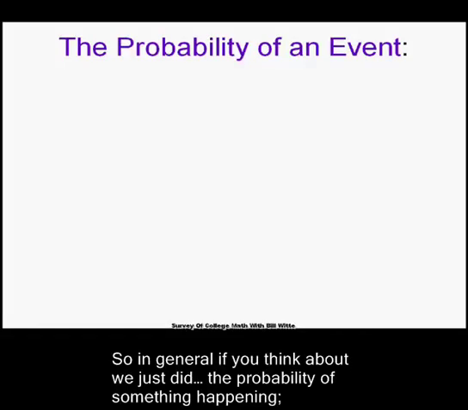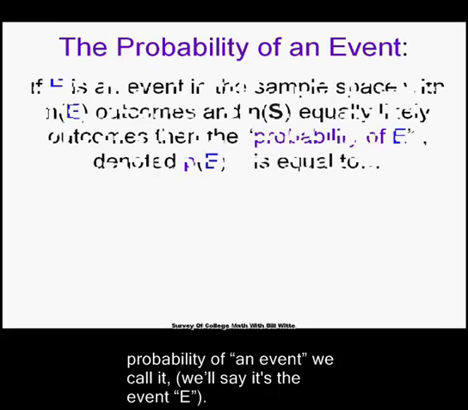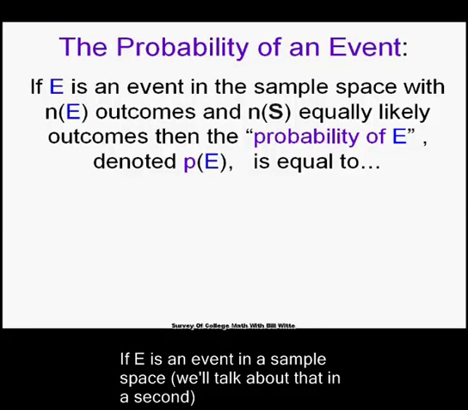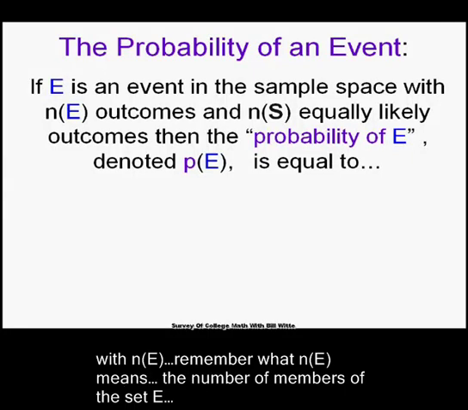So, in general, if you think about what we just did, the probability of something happening, the probability of an event, we call it, we'll say it's event E. If E is an event in a sample space, we'll talk about that in a second, with N of E, remember what N of E is?